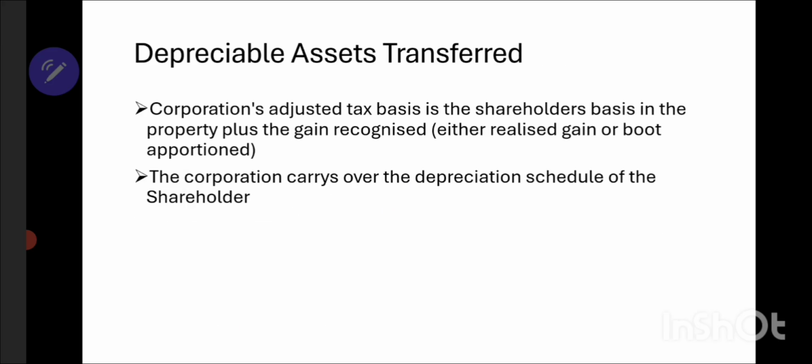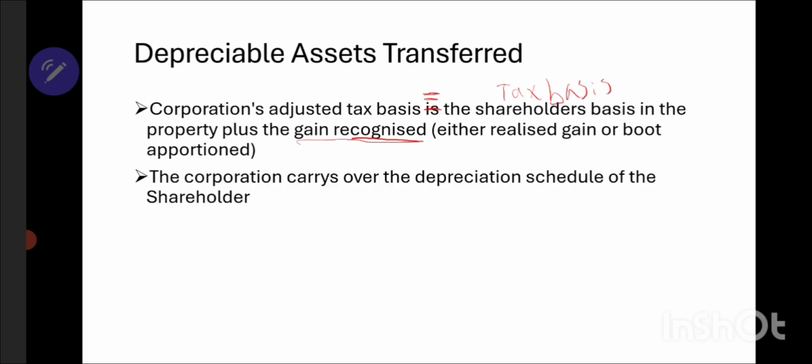Depreciable assets transferred. Okay, for this first part, all that we need to see is that the corporation's adjusted tax basis, and again, these are when the assets are depreciable, equals the shareholder's basis, that's the original tax basis, plus the gain recognized.